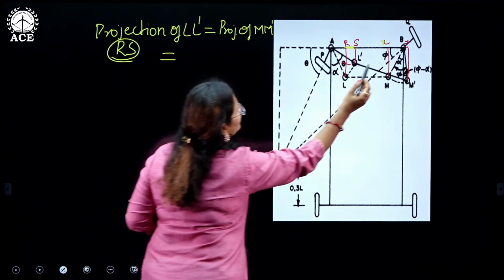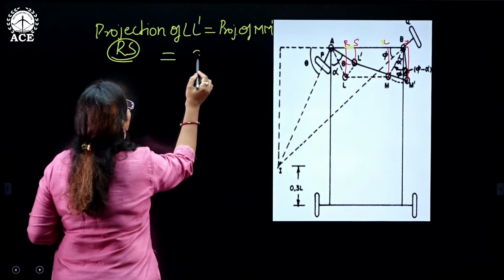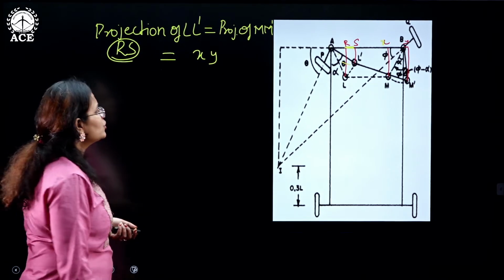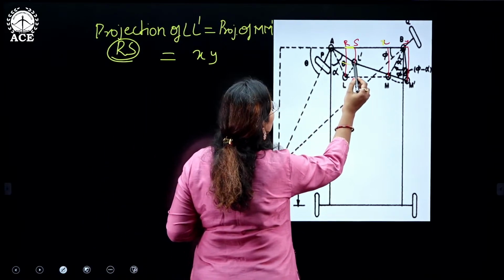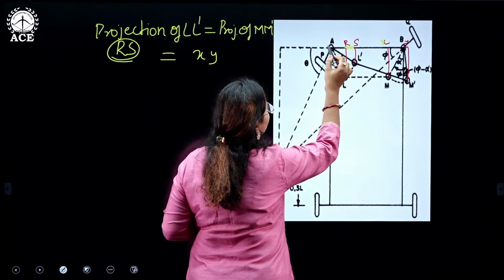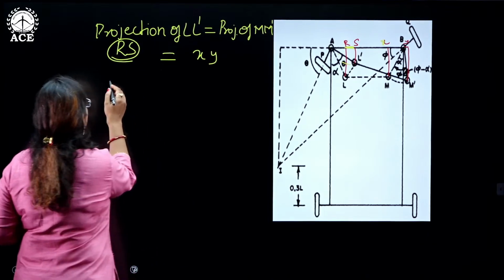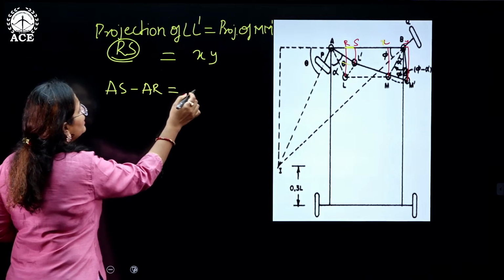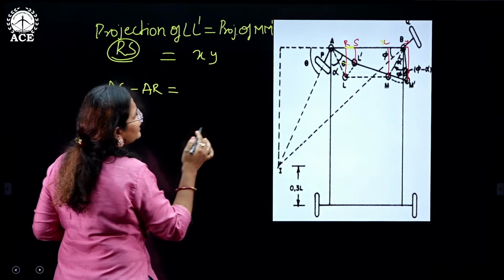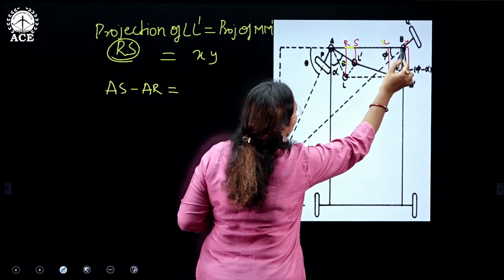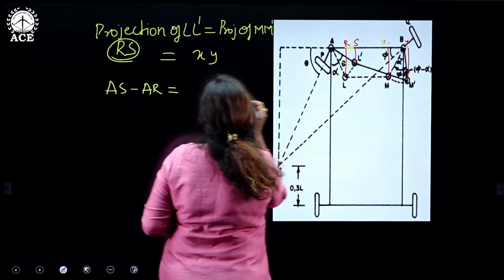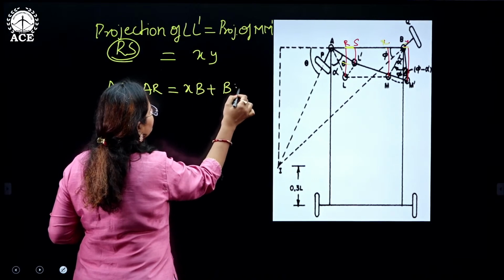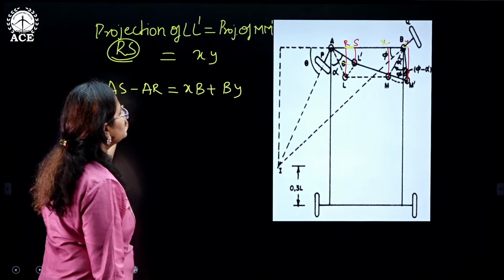It is equal to, here it is, let us say XY. So if I prove RS is equal to XY, I will definitely get some condition. So how can I say RS? RS is nothing but AS minus AR. Similarly, XY is taken as, let us say, this distance XB plus BY.